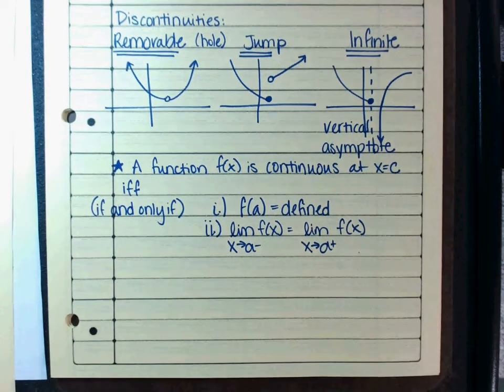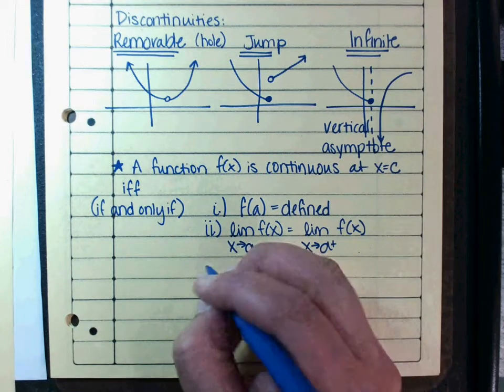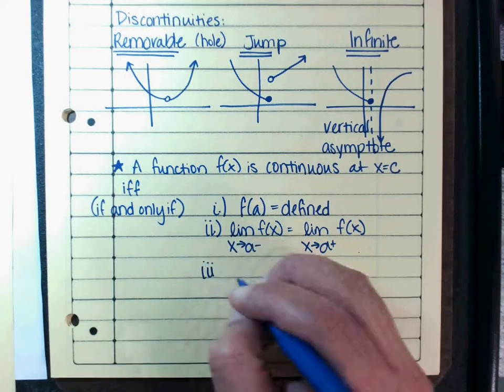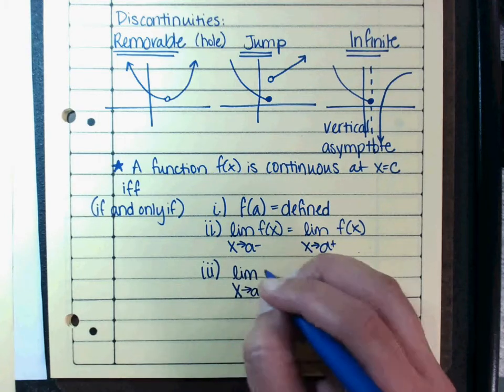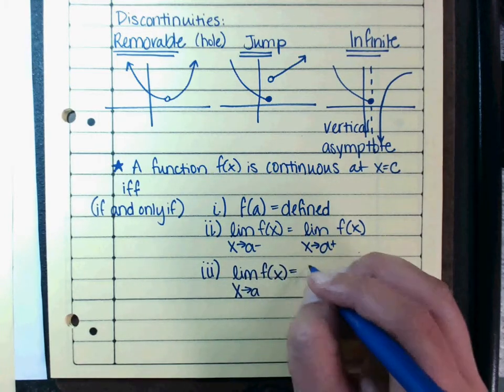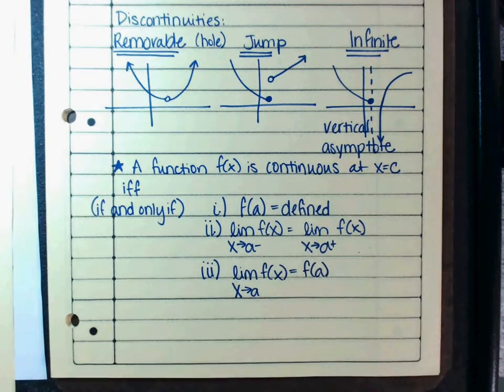If the left and right limits are the same, then you can take away the plus or the minus and just put the limit as x approaches A. And that needs to be equal to f of A.